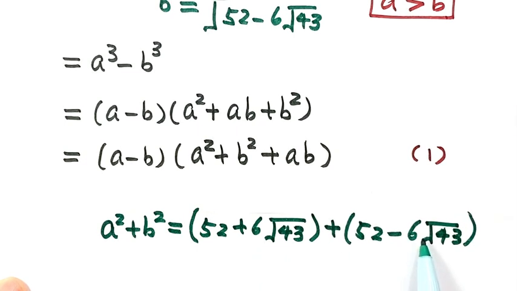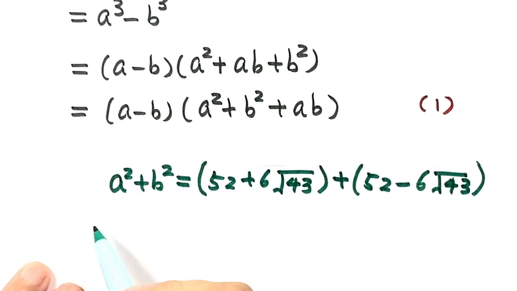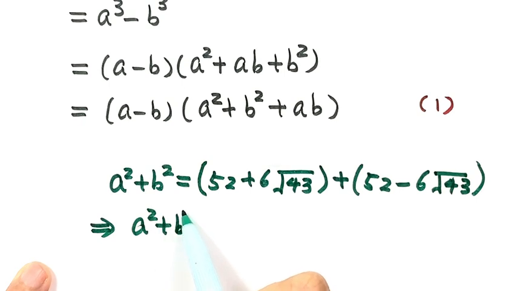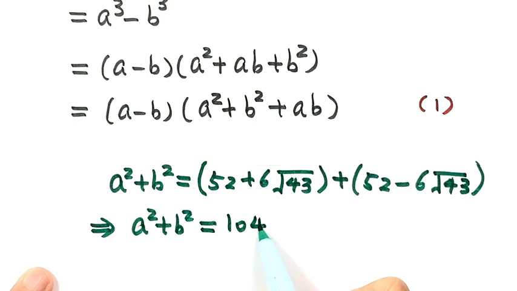So then these two cancel. So we have a squared plus b squared equals 104. That is the first result.